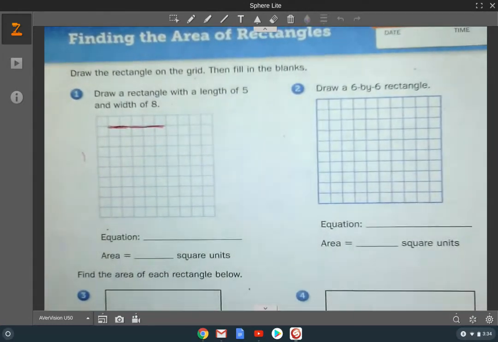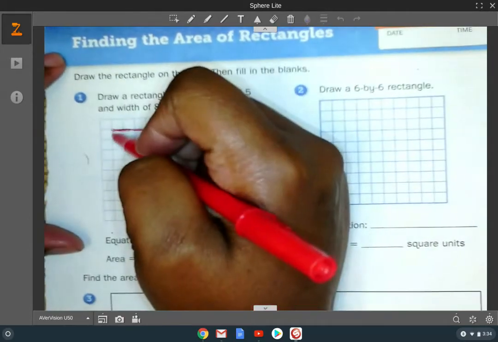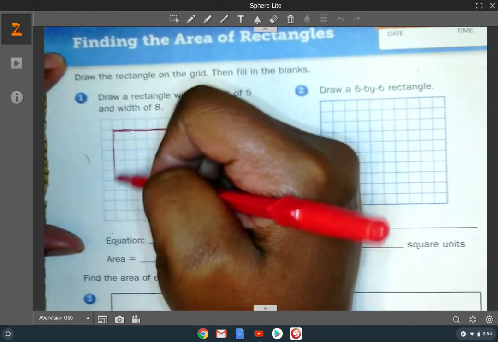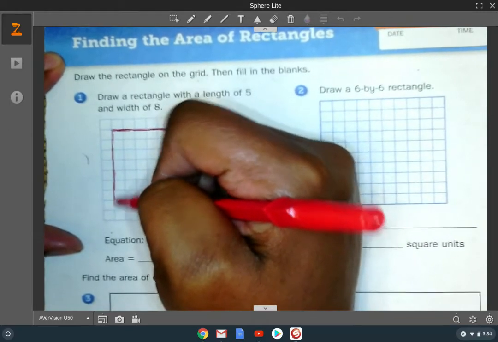Using your Kami, you can draw a line across 5 squares and the width of 8. So we're going to go down 1, 2, 3, 4, 5, 6, 7, 8.